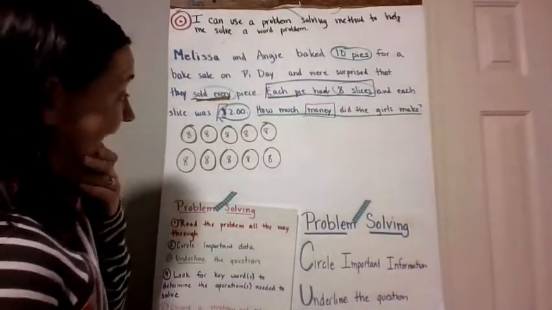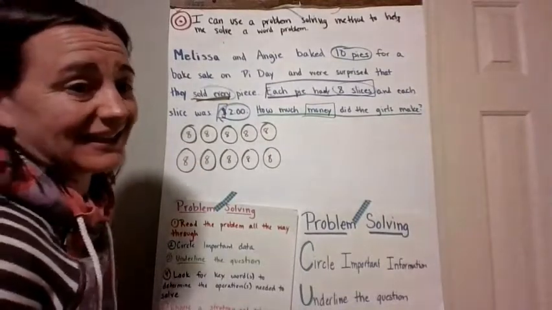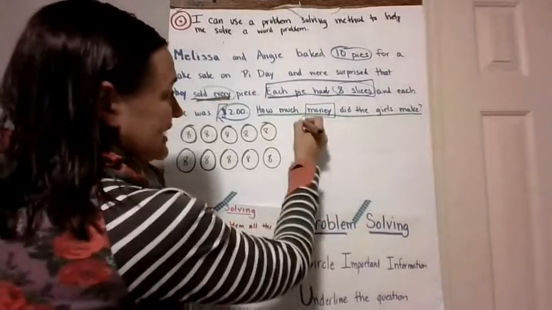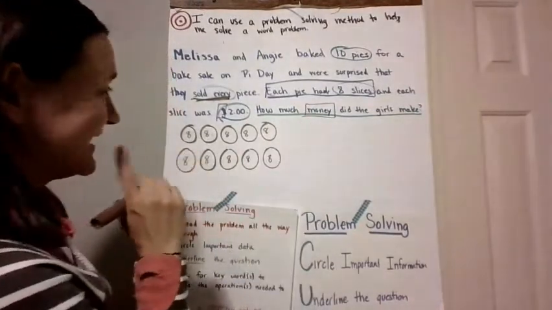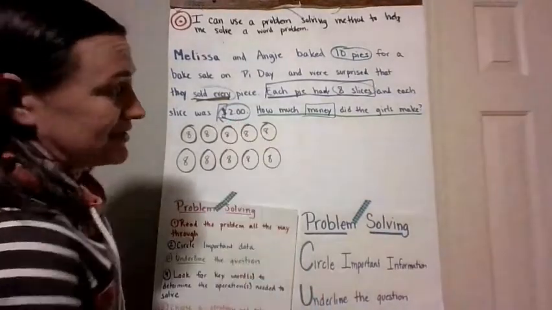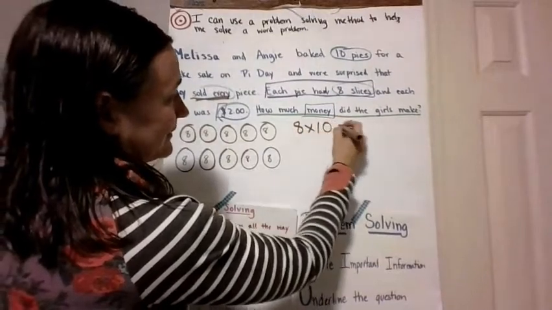So I can see now that I've used my visual model, that is just like making equal groups, which reminds me of multiplication. So if I want to figure out first how many slices of pie there even are to know how much they're sold for, I'm going to do 8 times 10 to start with.